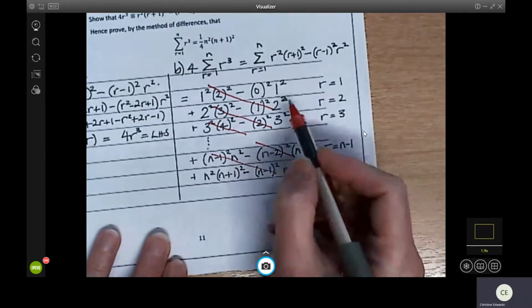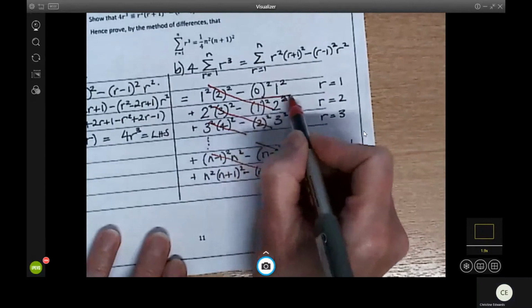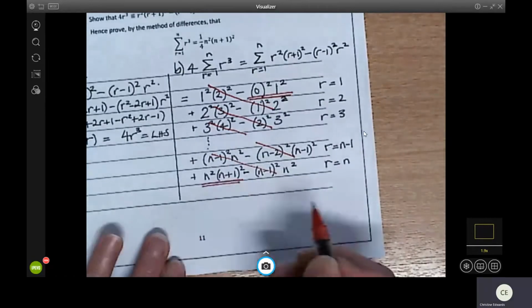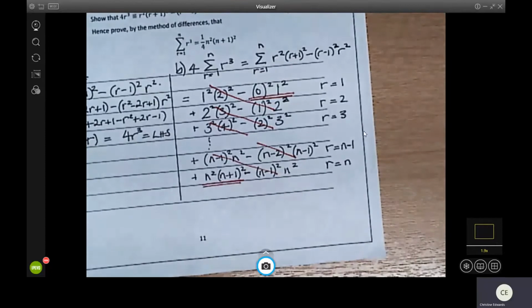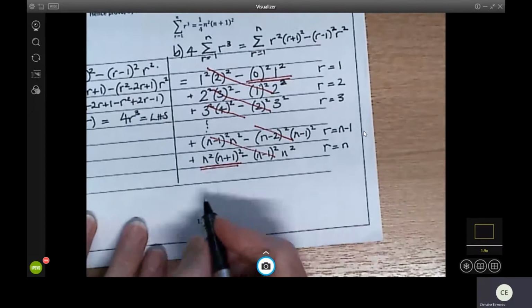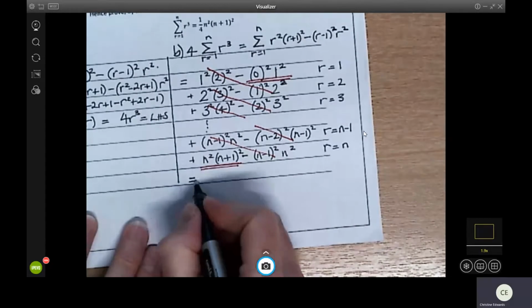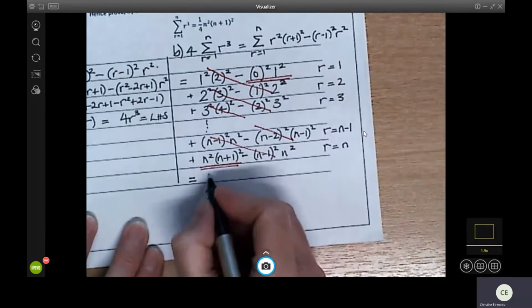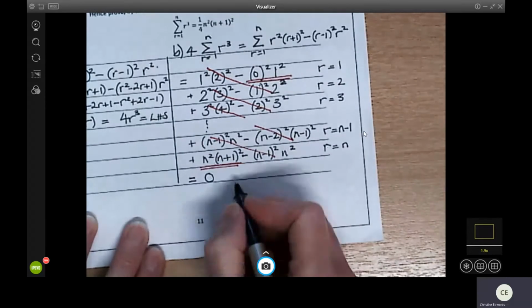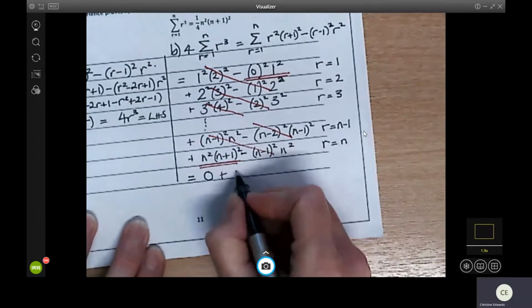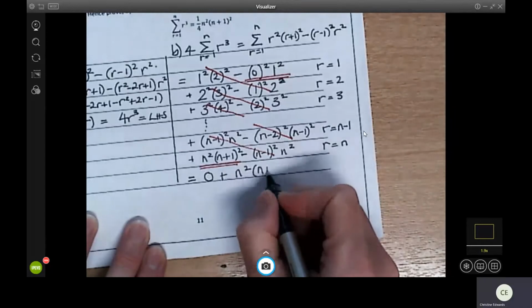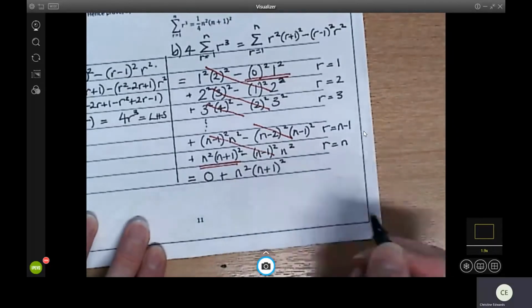That means that I am left with this term here and this term here, which do not cancel. So the series gives me this term here, which is 0, plus this term here, n squared (n plus 1) all squared.